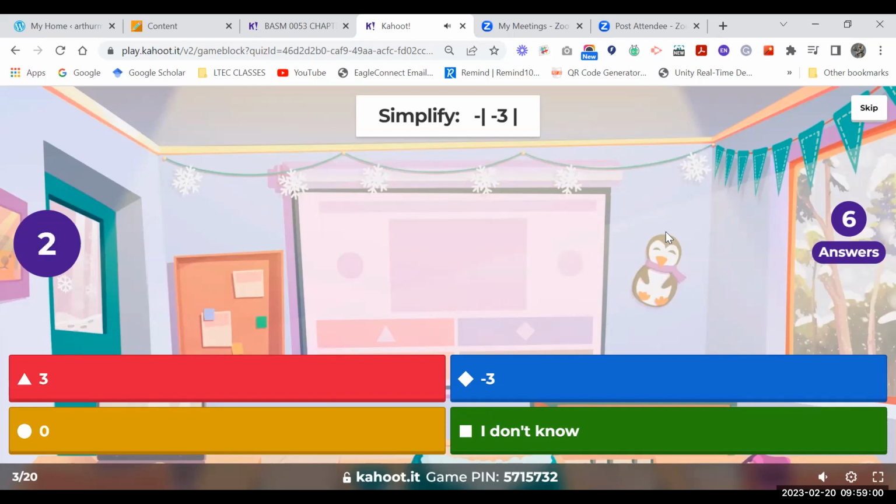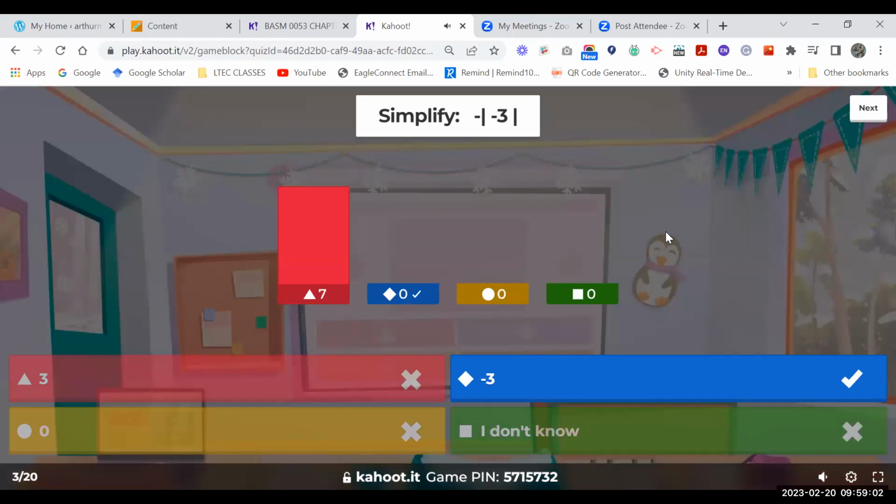Wait, on 0. I put that up there for a reason. Let me get to it.